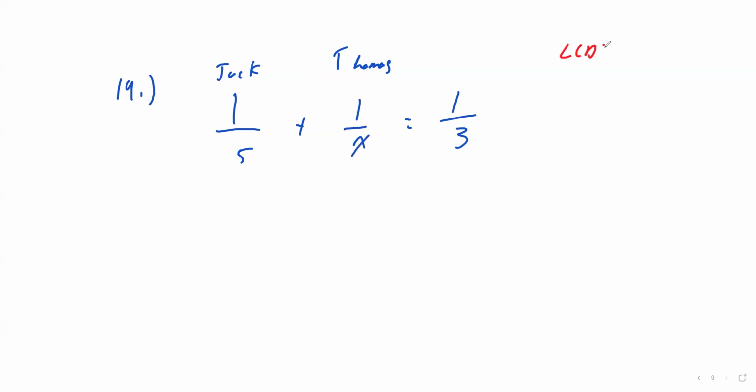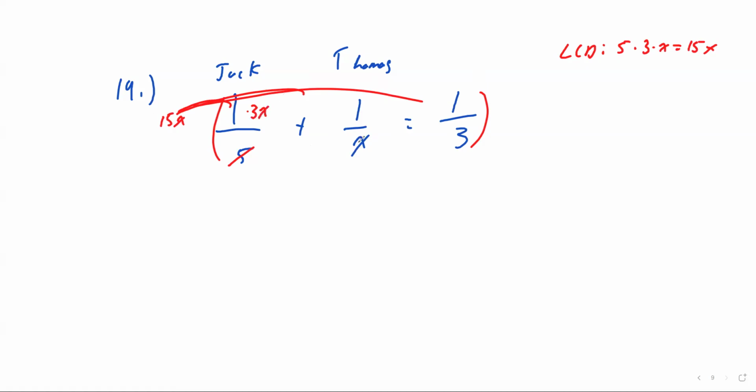The least common denominator would be 5 times 3 times x, which is just 15x. Take my 15x, multiply to everything. 5 goes into 15 3 times with the x. The x cancels, so I just have 15. 3 goes into 15 5 times with an x. So I now get 3x plus 15 equals 5x.